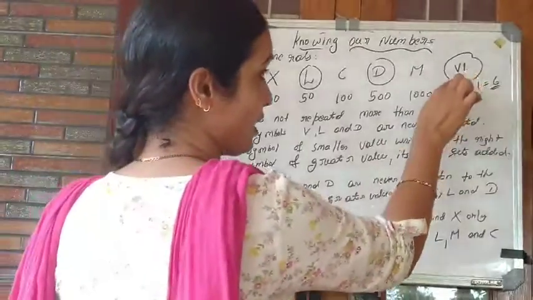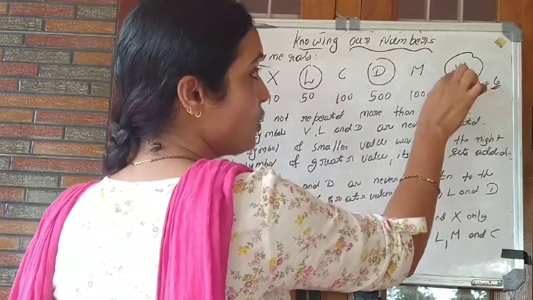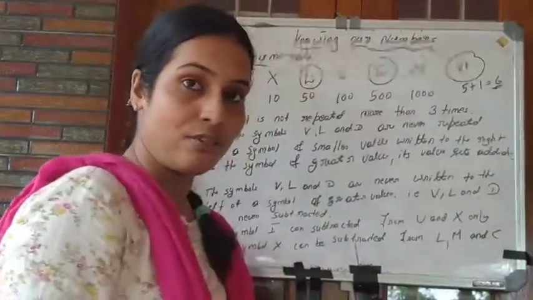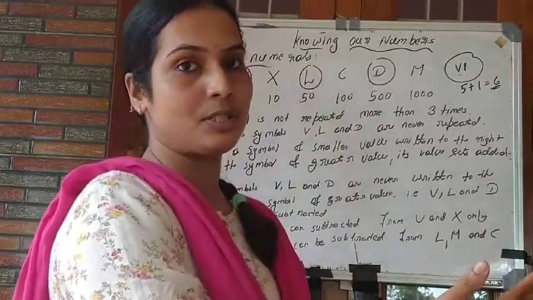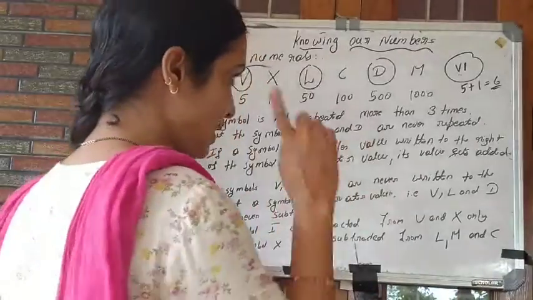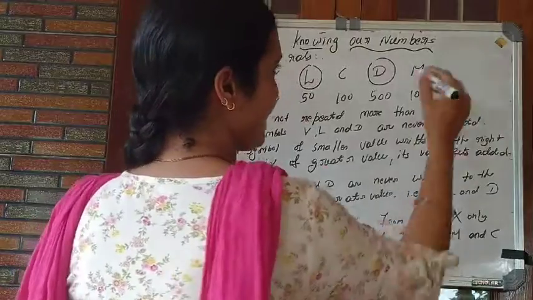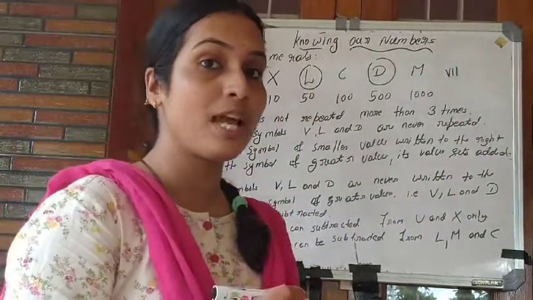This is the greater value symbol and this is the smaller value symbol. We have written the smaller value symbol on the right side of the greater value symbol, which means we are adding the numbers. Keep it in mind always. For example, VII. What is the meaning of VII?